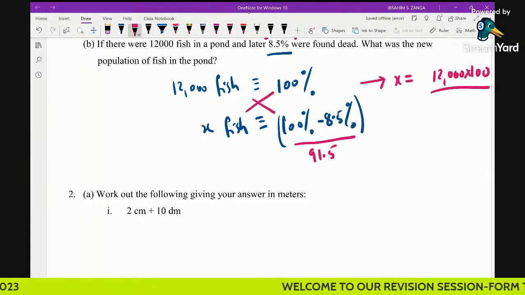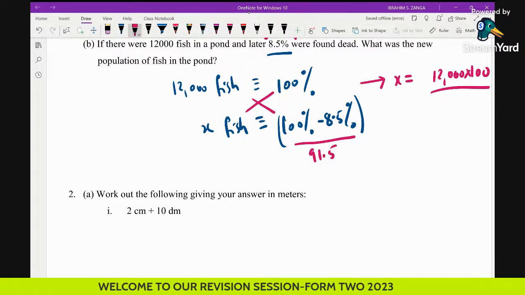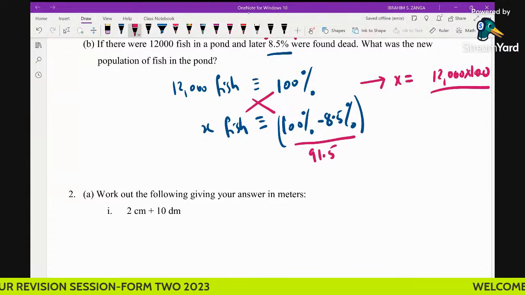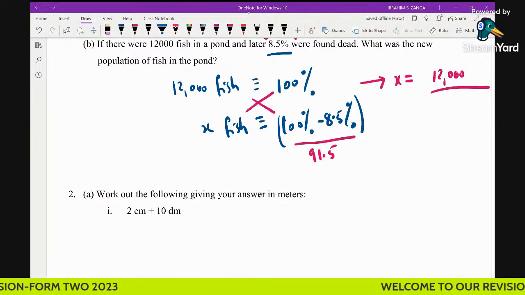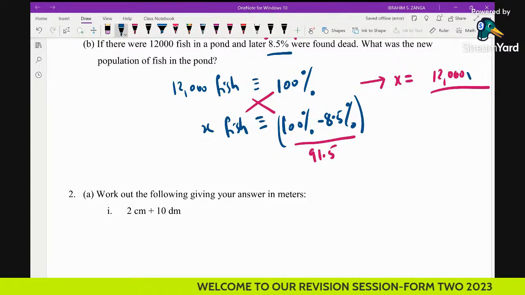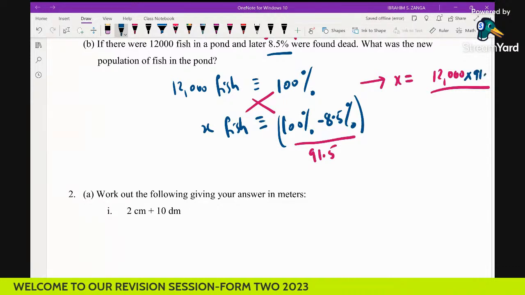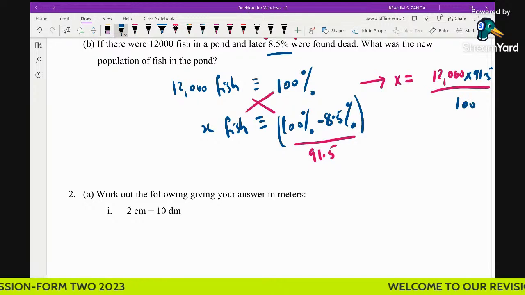So this is 12,000 multiplied by 91.5 divided by 100.